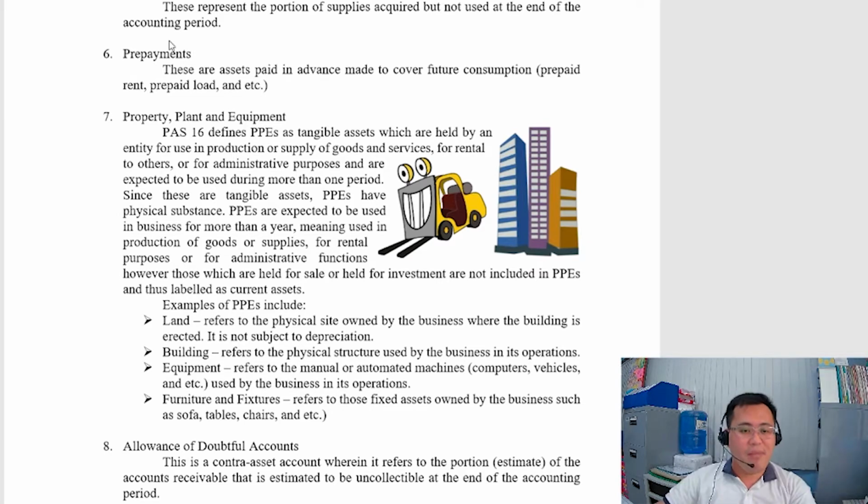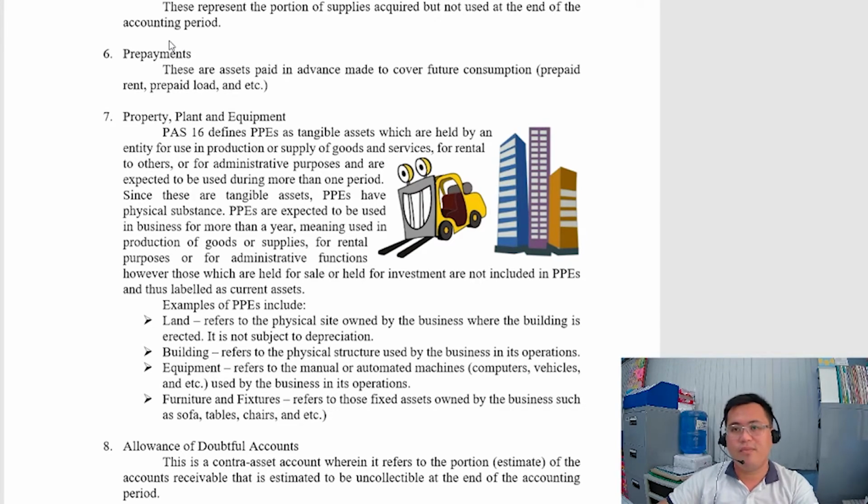Number 6, prepayment. From the word itself, we do payments in advance before we consume the asset. So these are assets paid in advance made to cover future consumption, like prepaid rent, prepaid load, and etc. Like a prepaid load, if we purchase 100 pesos today, it will only be consumed whenever we do text or messages.